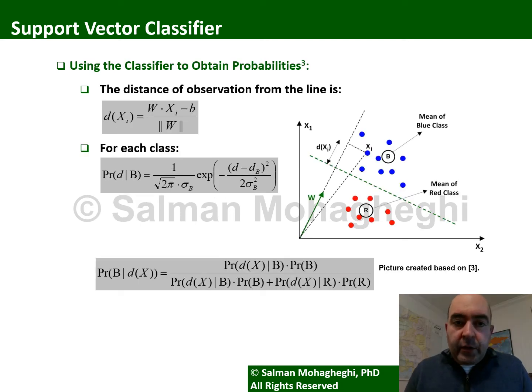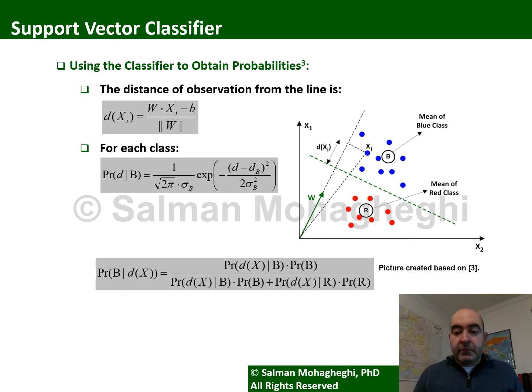Now, of course, the support vector classifier can be used to give me a hard decision on whether or not a particular data instance belongs to class blue or class red. However, I can actually convert this to indicate a probability instead of a binary yes or no decision.